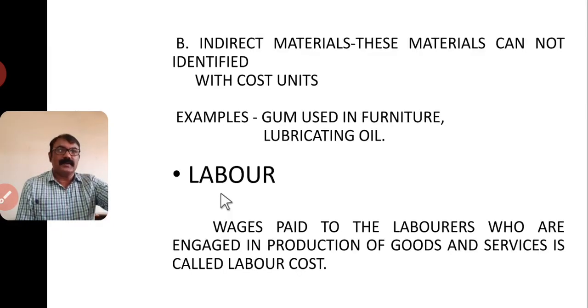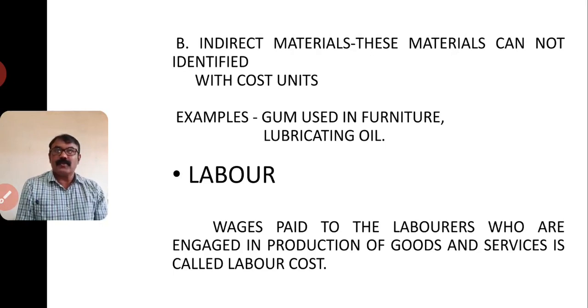Similarly, part B, indirect materials. These materials cannot be identified with cost units. How is it? In the case of a cobbler, he will make the shoe. Leather we can identify, but what about the thread, the nails and gum he used for making the shoe?